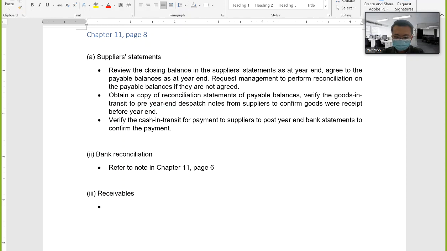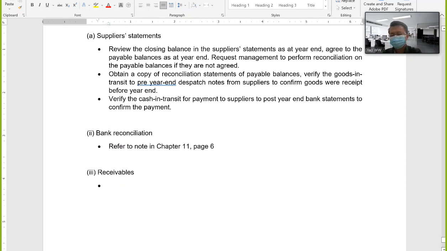Okay. Remain calm. Receivable, one important procedure is you look at after year-end collection. Because after year-end collection can prove to you existence, can prove to you valuation as well. Yeah, they pay you this amount means you don't have to go for impairment for the receivable.